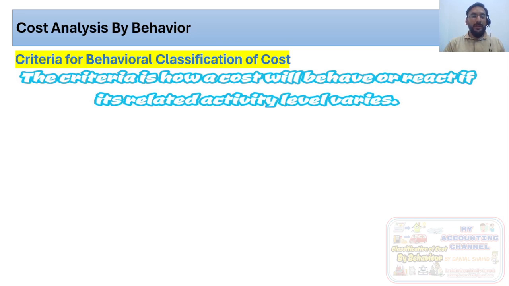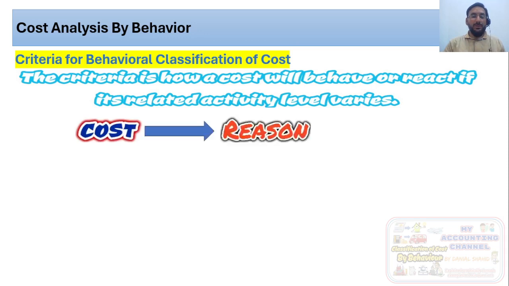But now the criteria is whether the cost varies with the level of activity, meaning if the activity increases, whether the cost increases, or if the activity decreases, whether the cost decreases.